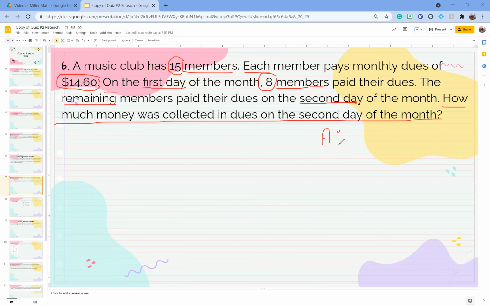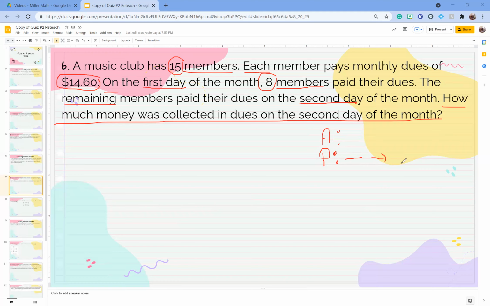So our analyze, for our plan, make sure you're writing in complete sentences. I'm just going to go ahead and annotate here. The first thing we need to do is find out how many people paid the second day. When it's asking for remaining, we're going to go ahead and subtract first to find out how many people were missing after the first day.